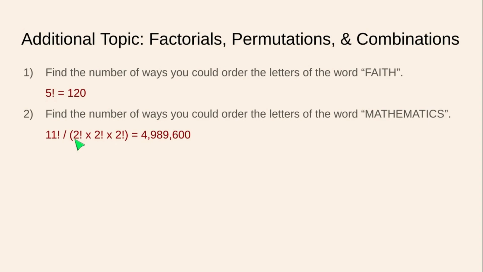So for the 2 M's, 2 factorial, for the 2 A's, 2 factorial, and for the 2 T's, 2 factorial. I divide all that out so I don't run into the issue of, oh, if I switch these 2 M's, I have the same spelling, but I'm treating that as different spellings. That'd be silly. So dividing all those double letter situations out, I would have this number that is nearly 5 million, which is how many subscribers I'm going to have eventually.